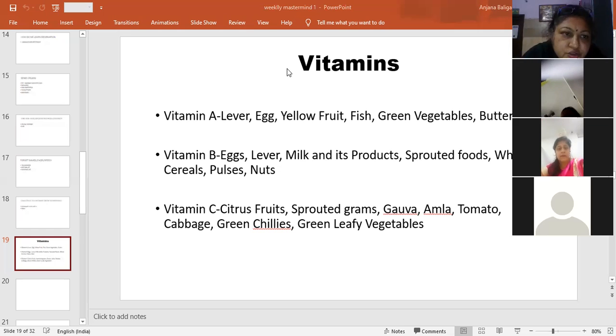Yes, Shana, what is your story? Chetana loves citrus fruits, but her papa brought grams, but she did not like it. So she went and brought a book and showed the pictures of guava, amla, and tomato, which she liked, equal to citrus fruit.